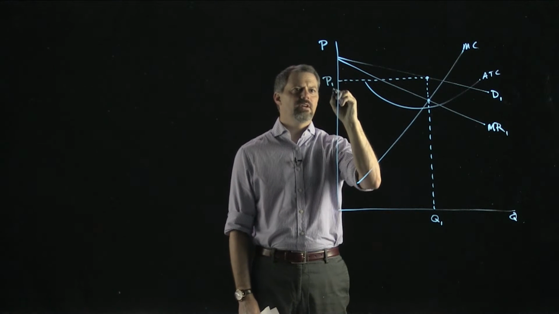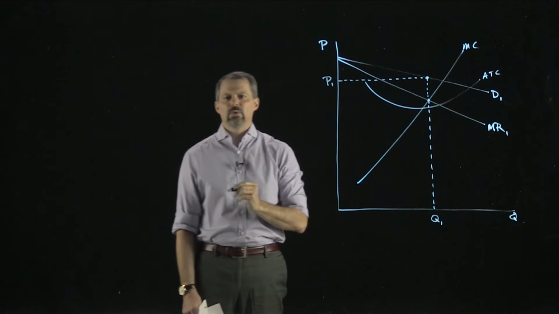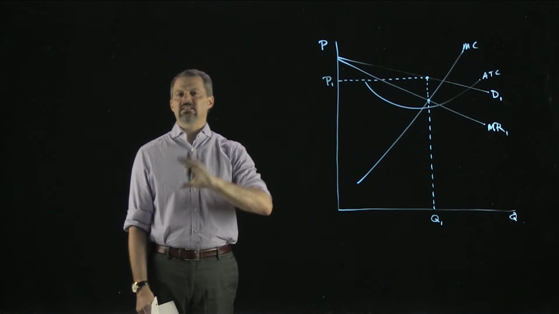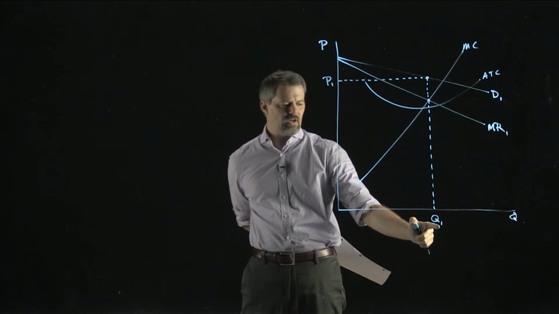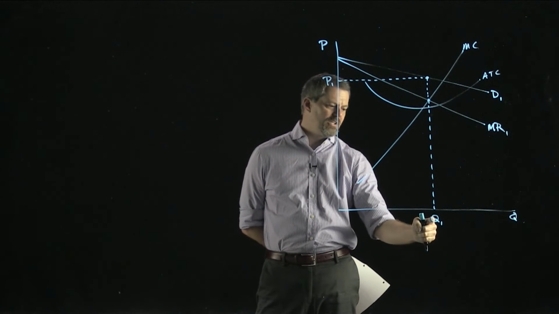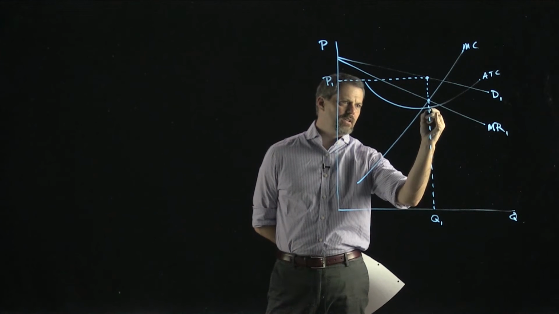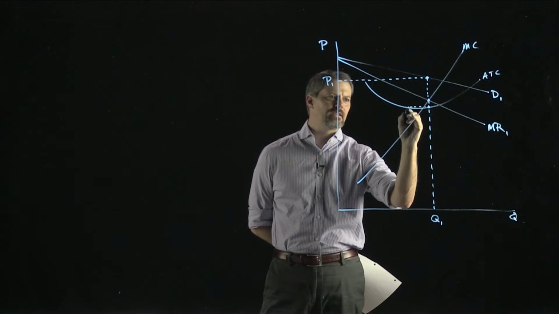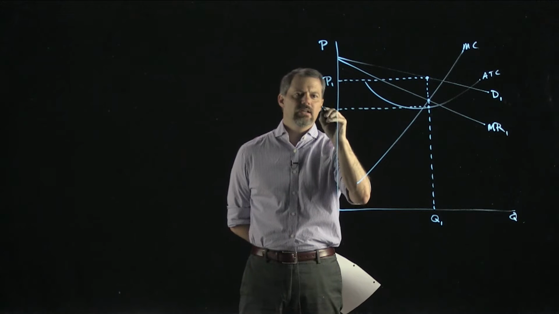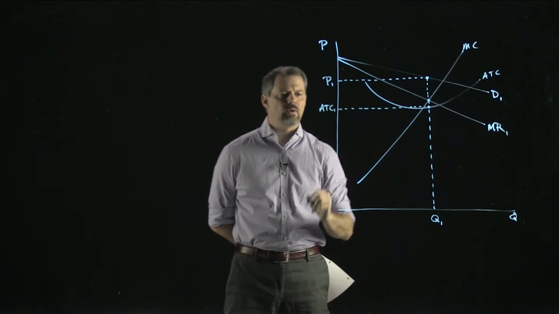We'll call it P1. And we can figure out what profit looks like the same way that we did with monopoly. All we have to do is we need to know the average total cost of producing this quantity. So we need to go from that quantity up to the average total cost curve. We hit it right there, and if we bring that over, let's call that average total cost 1.